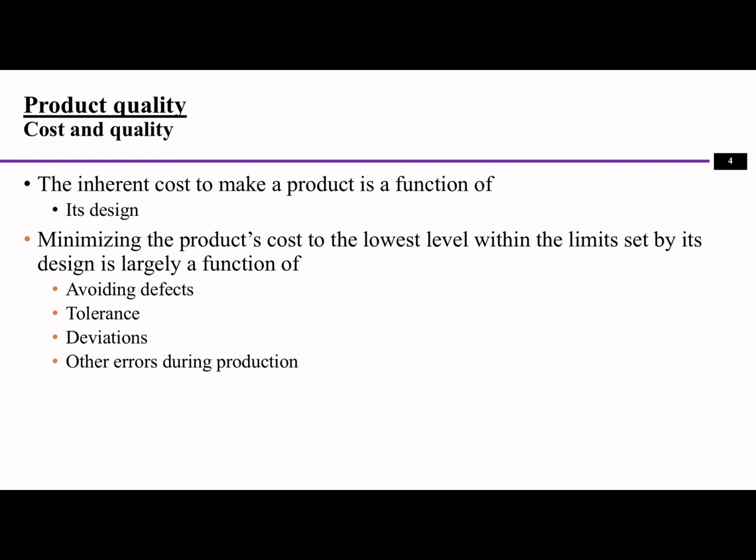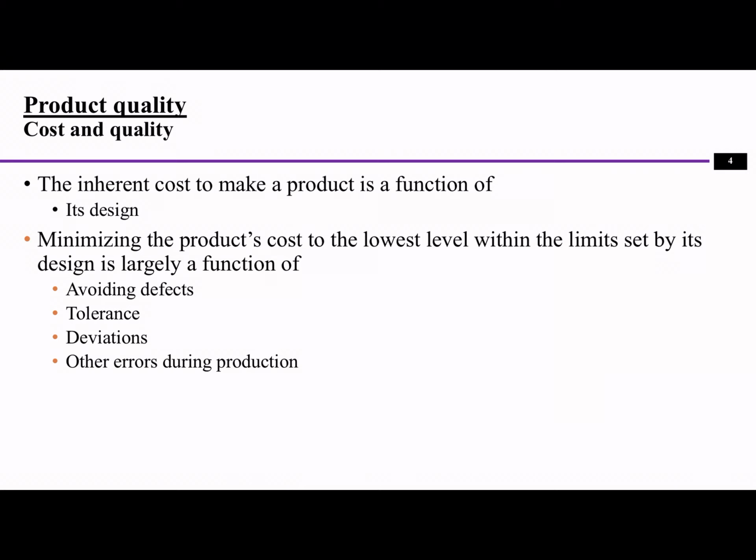Also, if a designer of the product gives a really strict tolerance, or really narrow tolerances, usually you will have to spend more time and effort in order to meet that tolerance standard. So that's an actual cost.